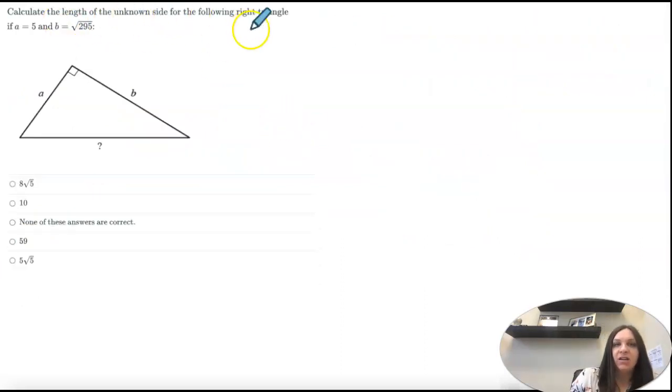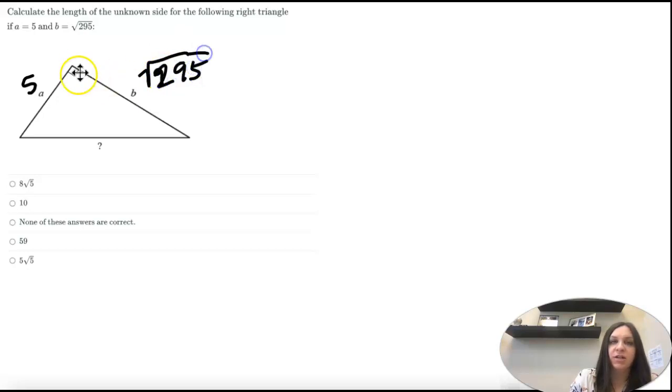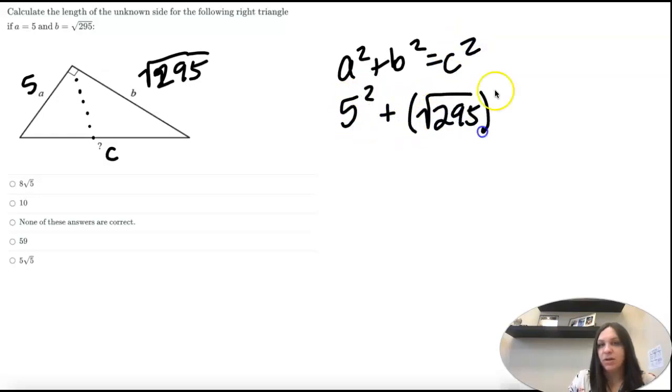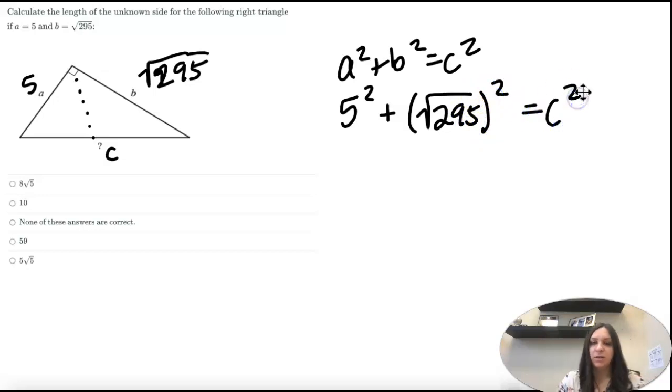Calculate the length of the unknown side. A and B, they give us. We're trying to find C, the one across from the right angle. So A squared plus B squared equals C squared. 5 squared plus the square root of 295 squared equals C squared.